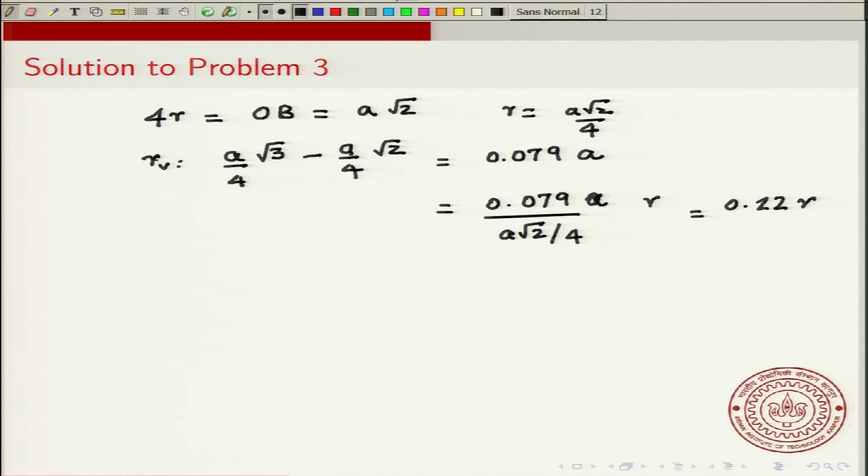So the size of the tetrahedral void is about 22% that of the ion.